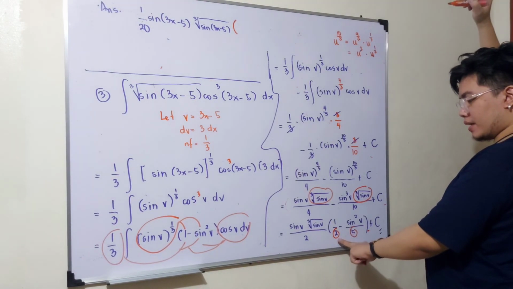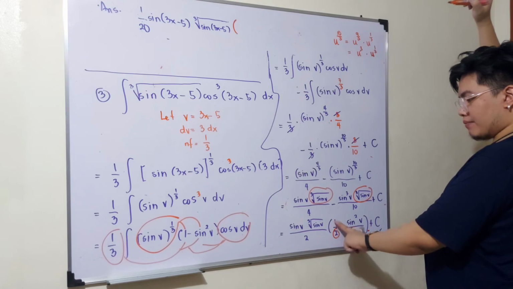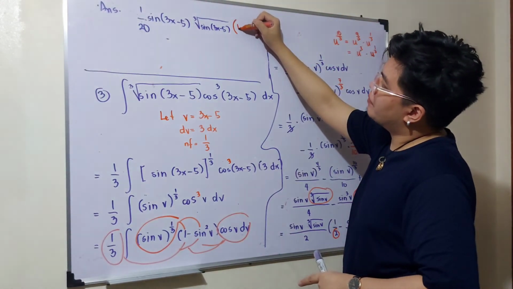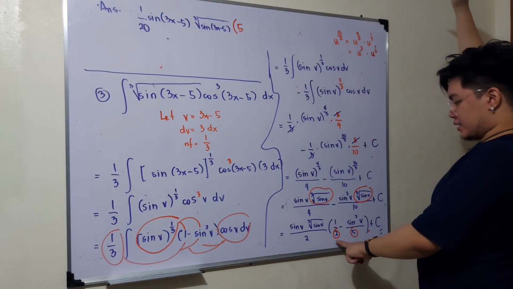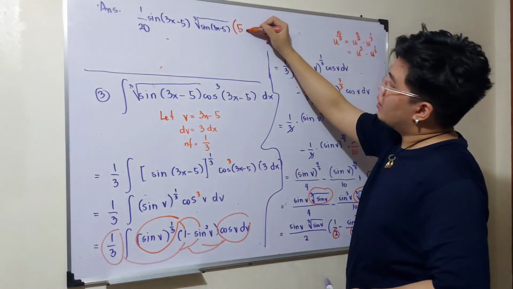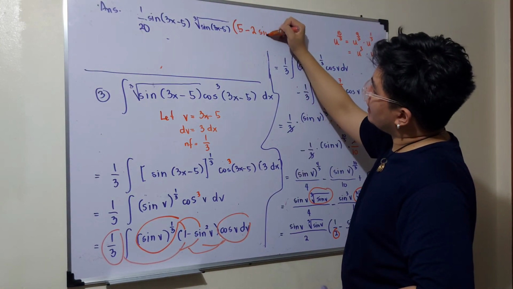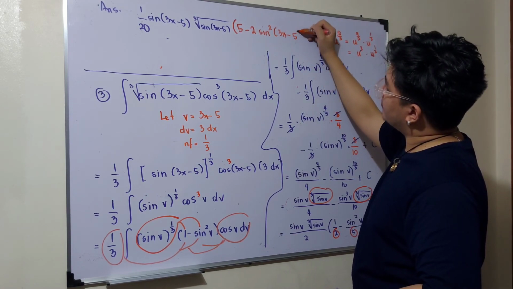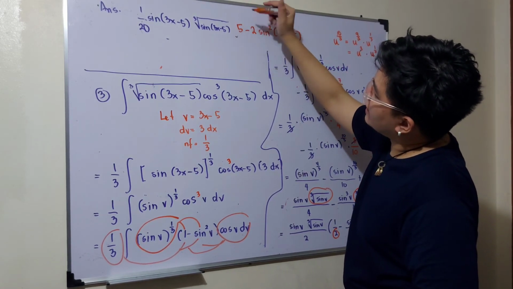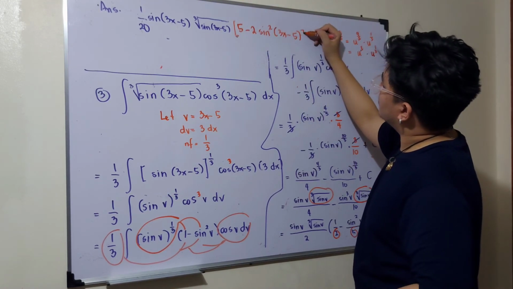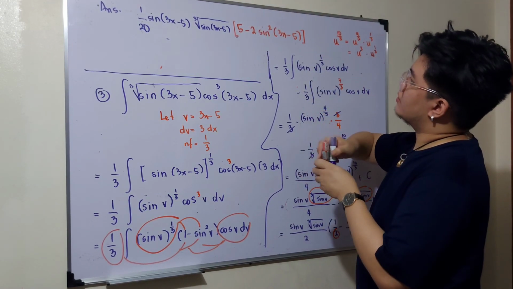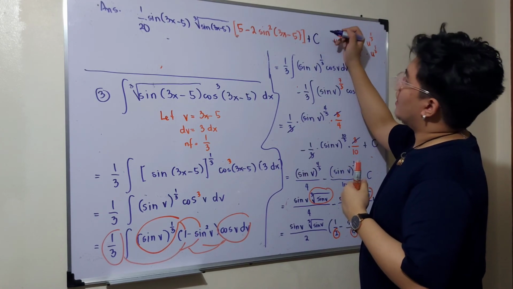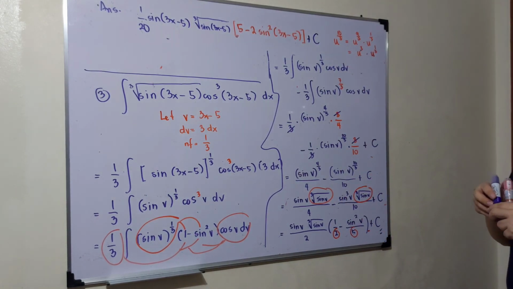So 10 divided by 2, 5 times 1, so we have 5. Tapos dito, minus 2 sine squared of 3x minus 5. So ito bracket na pala dapat ito. Ayan guys, yung final answer.